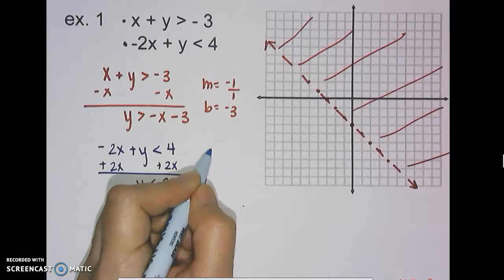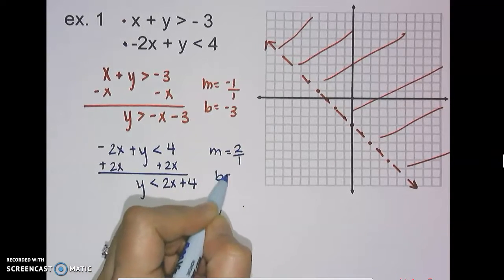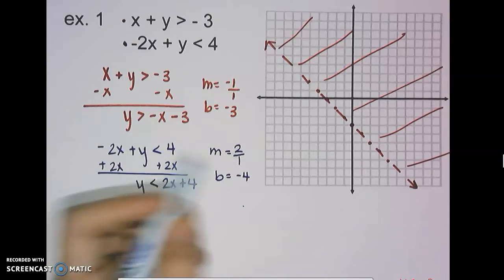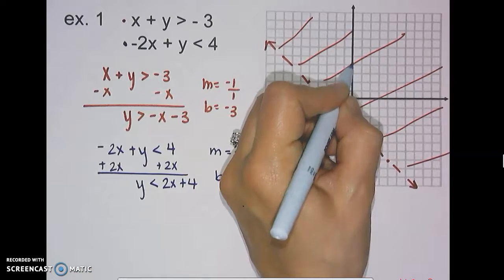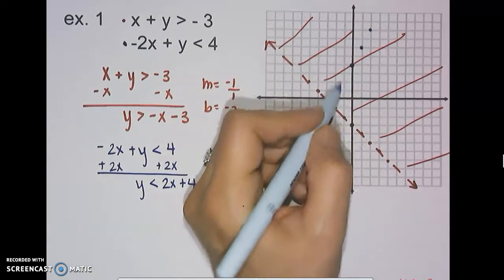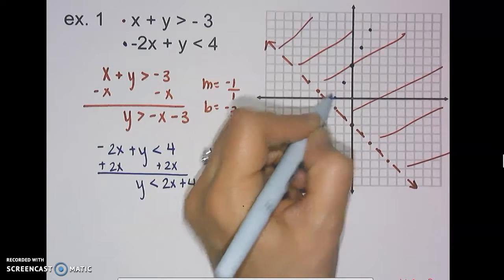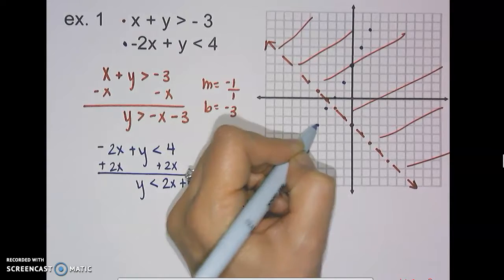And since y is by itself, we're now able to say that our slope is 2/1 and our y-intercept is a positive 4. So we're going to begin with b and then count the slope of rise over run. So that should be enough points.